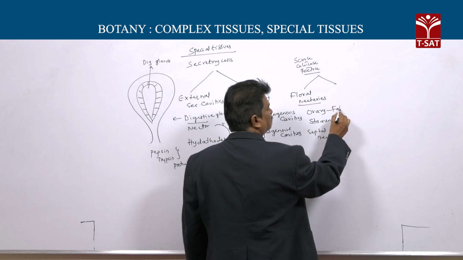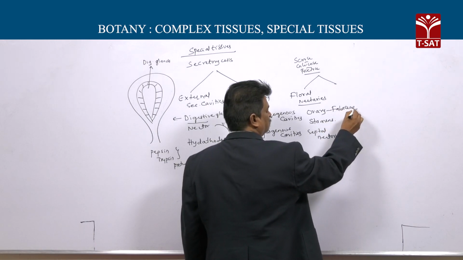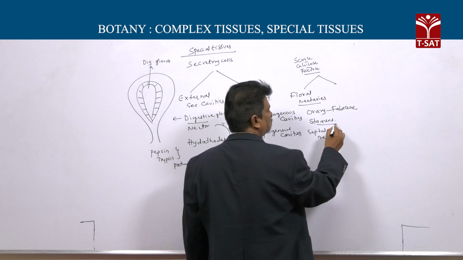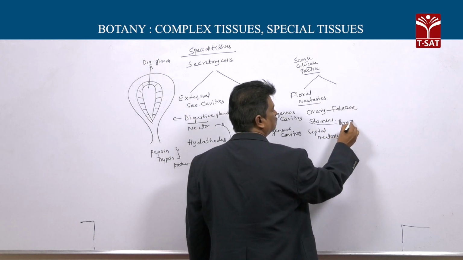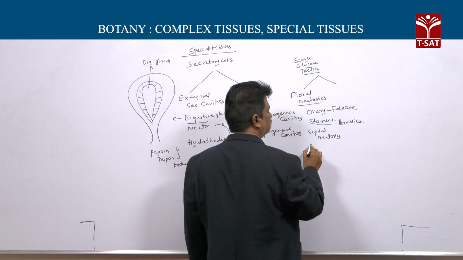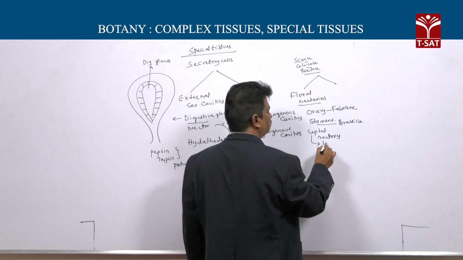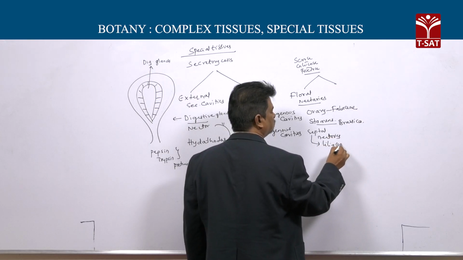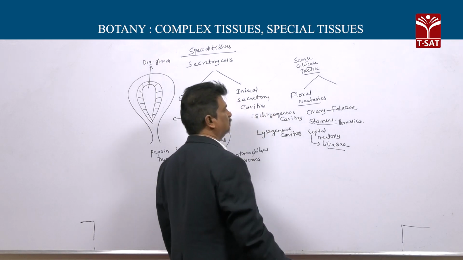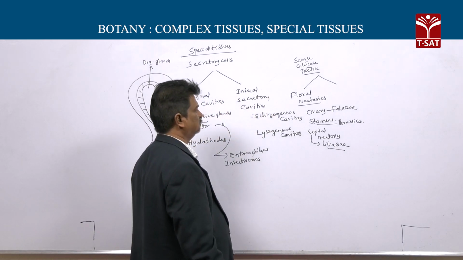Ovary, example, Fabaceae members. Stamens, mustard, brassica. Septal nectaries are present in Liliaceae members.